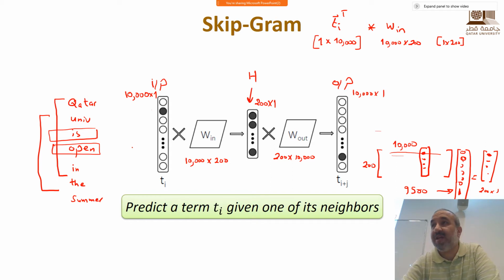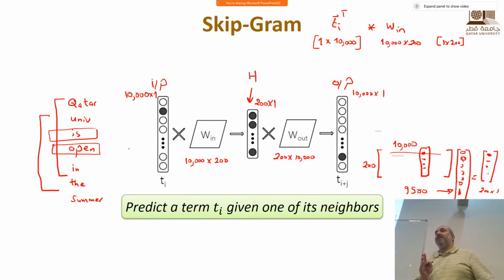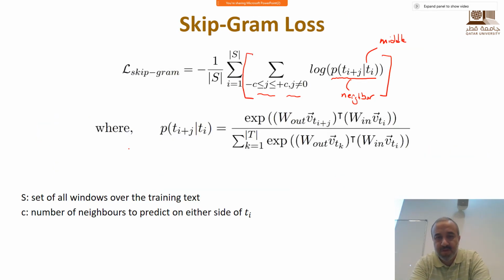So did you get the idea here? There are two embeddings actually: in embeddings and out embeddings, and they are actually the rows and columns of these matrices. Once we learn these matrices, getting the embeddings is just the rows and columns of these matrices. Just a lookup table. Let's get back to the equation here.